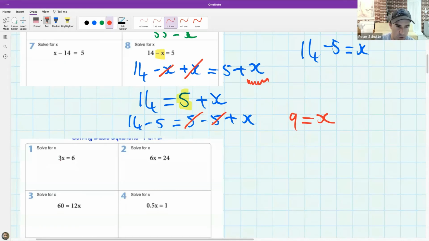So in this first one, I think 3x means 3 times x. And so the opposite of timesing by 3 is just to divide by 3. I'd love for someone to answer the question. If you raise your hand, that'd be awesome. Okay. Tatenda, do you want to give me the answer for the first one?